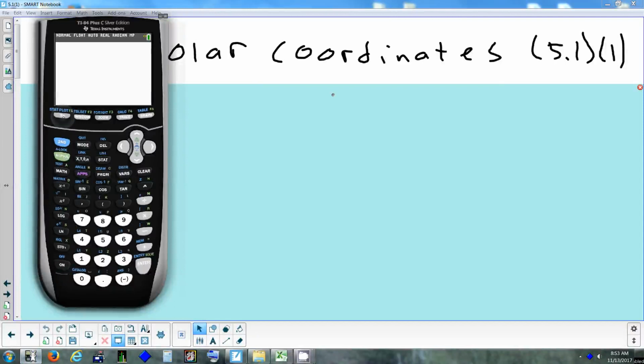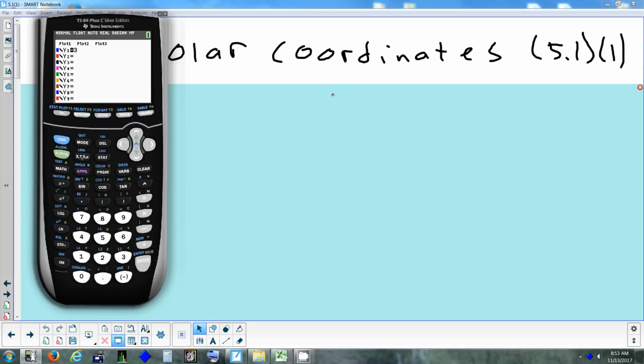So when you have the kind of graphing you're used to, like x-y axis stuff, you can graph things like lines. So that would be a line with a slope of 3, y-intercept of 2. That's a parabola. You can graph all kinds of different things.